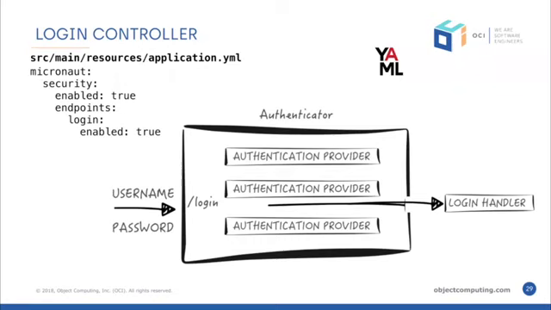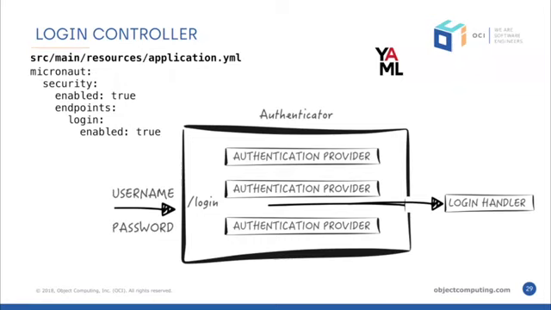If you manage to authenticate the user against any of those providers, you will have an authentication object which you will pass to a login handler, which is another bean. That login handler can do things like, when you are using session-based authentication, set the authentication in the session and cause a redirect.